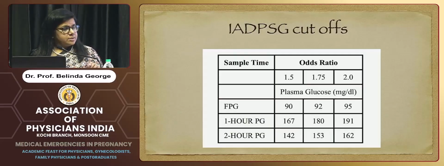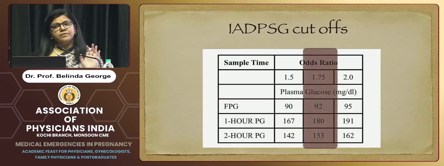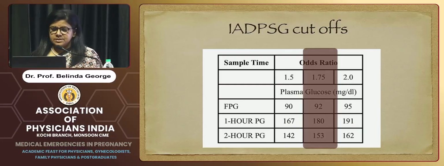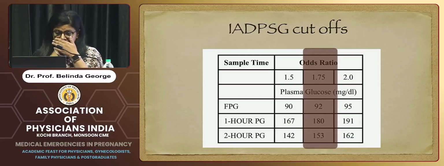Based on the odds ratio of 1.75, you have your 3 glucose values, meaning if the patient crosses 92, 180 or 153 on OGTT, then the odds of developing adverse outcomes are roughly 0.75 times higher than in patients who do not have the same risk. This is the scientific rationale behind using this.